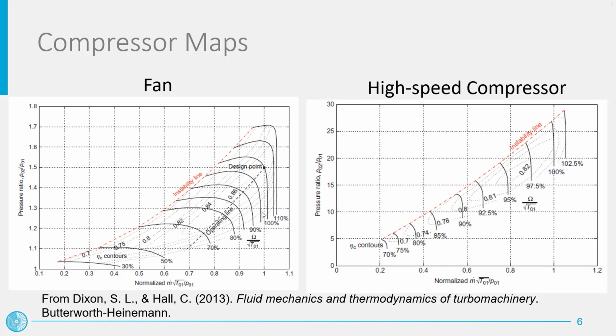Differently from turbines, the different isospeed lines, so the operating curves of a compressor for a given value of the reduced speed, keep far from each other in the feasible operating region of the machine. Each isospeed line extends between two operating limits. The limit on the left-hand side corresponds to the point of intersection of the isospeed curves with the instability line, which is often referred to as the surge or stall line.